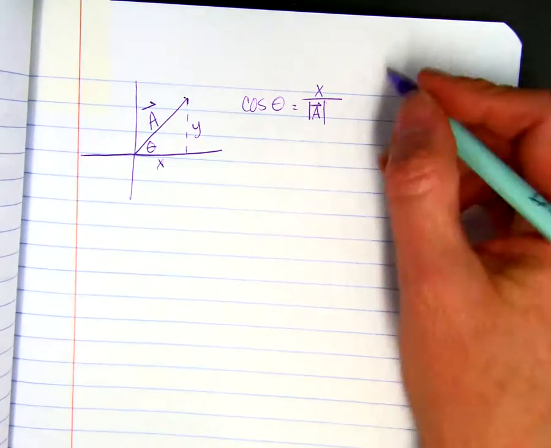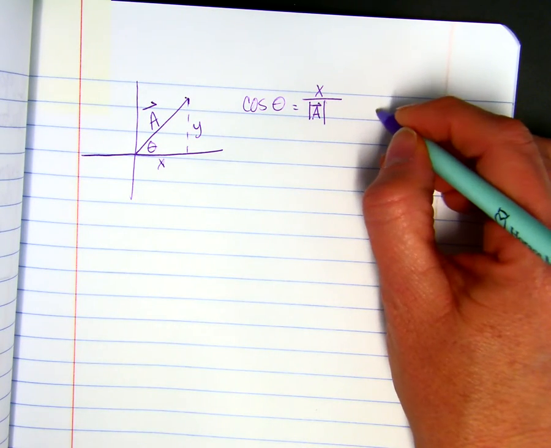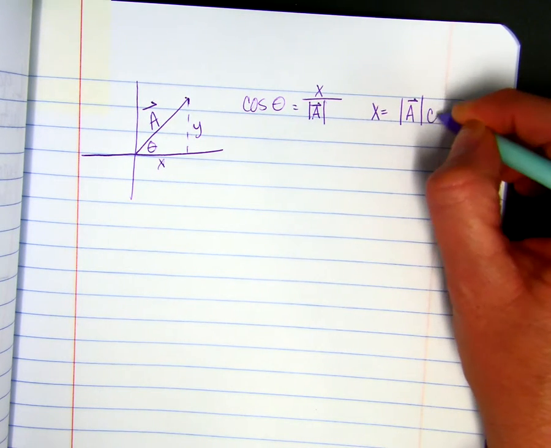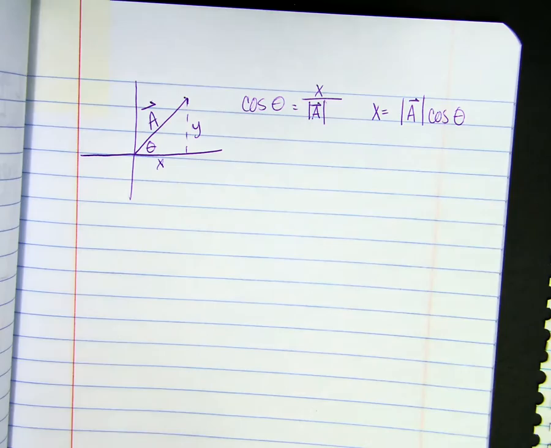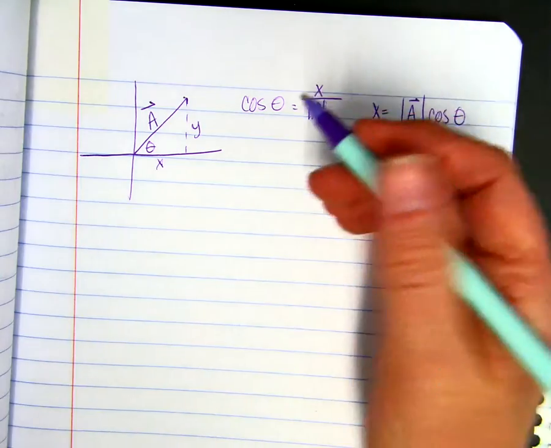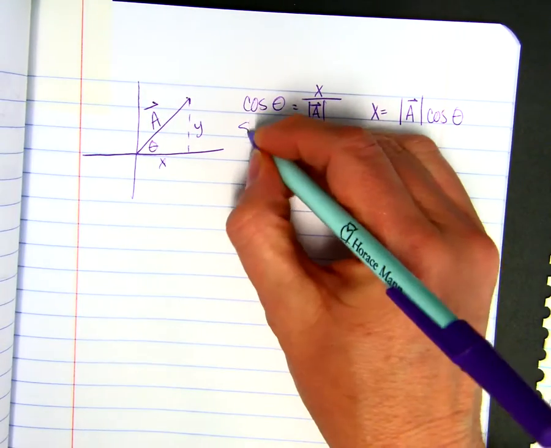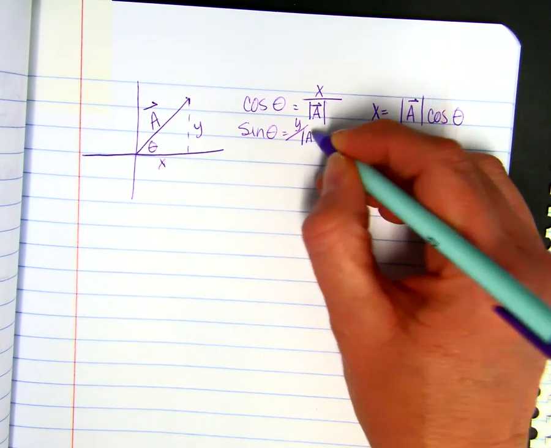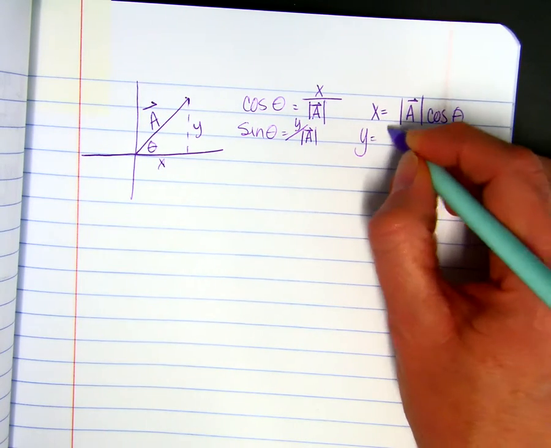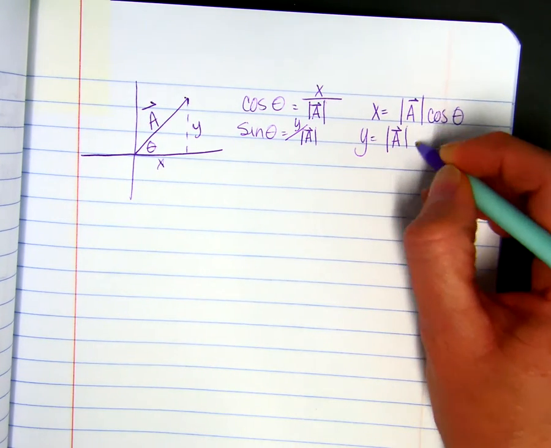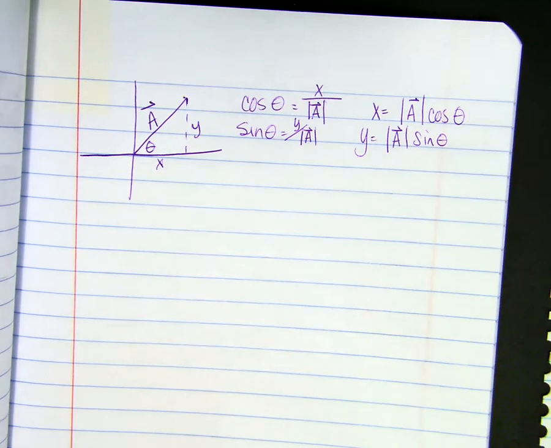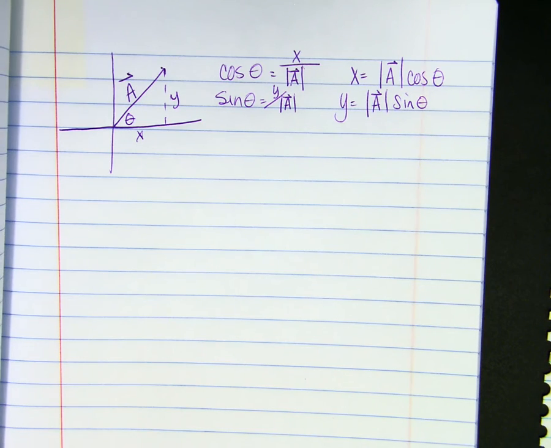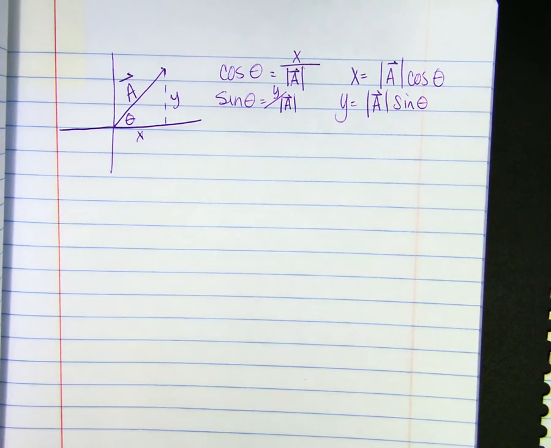So if I wanted to solve for x, I would say that x equals the magnitude times the cosine of theta. We already knew that though, I'm pretty sure. The sine of theta equals y over the magnitude of vector A. So y equals the magnitude times sine theta. Maybe we didn't know that. We knew that in geometry anyway. Okay, that's all we're going to go over today.